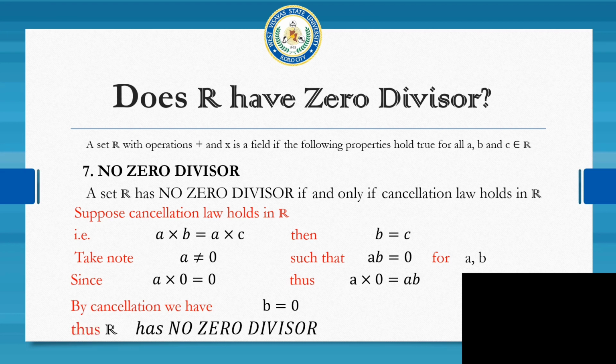This means that the set of real numbers has no zero divisor. Now that we have proven that all the 7 properties have been satisfied, we can conclude the set of real numbers is a field.